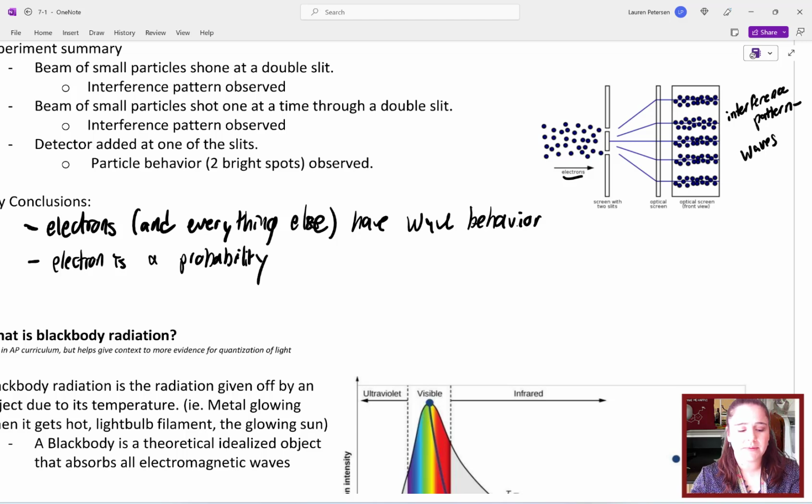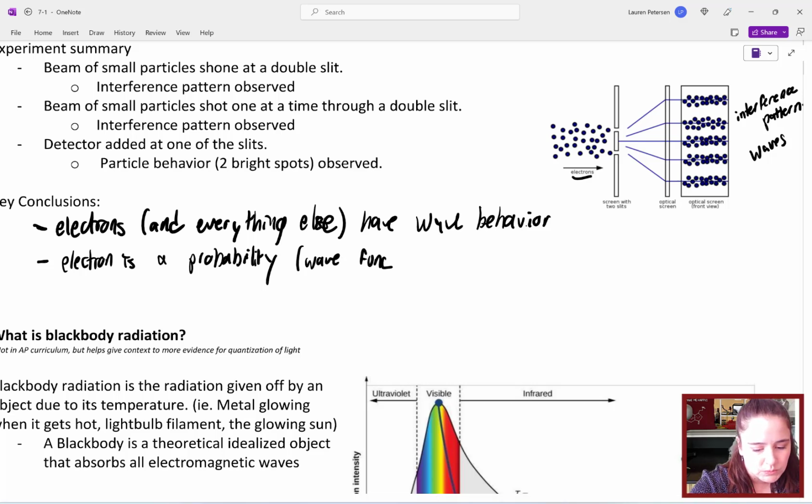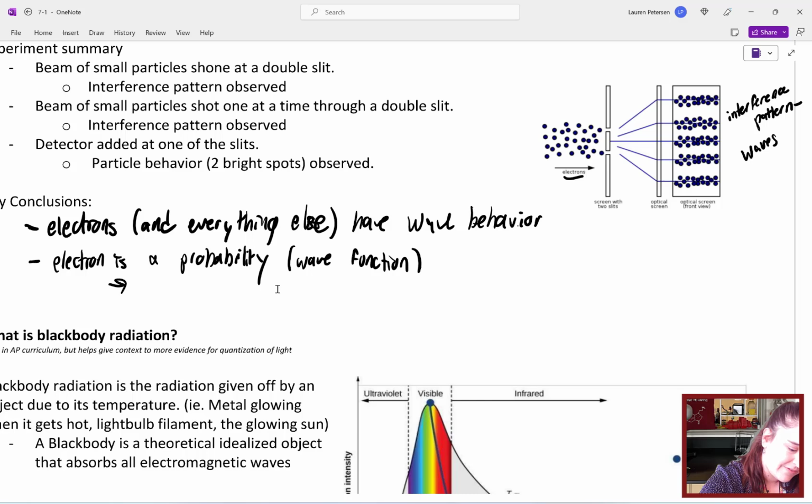Okay, that probability is captured by something called the wave function. And we will definitely be getting more into wave functions as we continue to talk, when we get to the models of the electron. But the electron is a probability or a wave function, and that wave function is collapsed by the measurement.